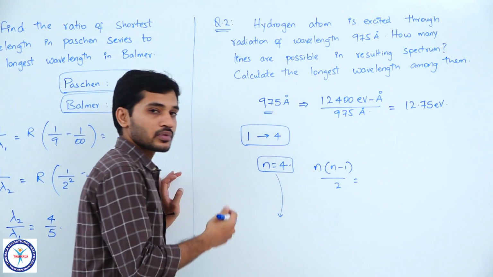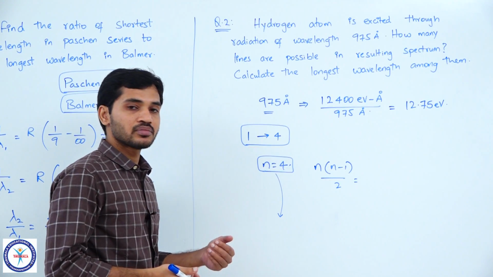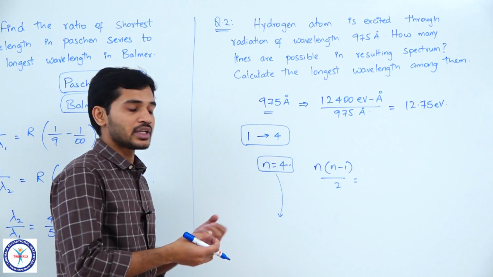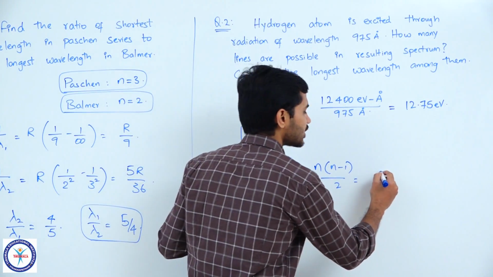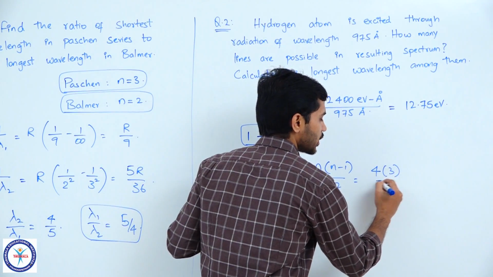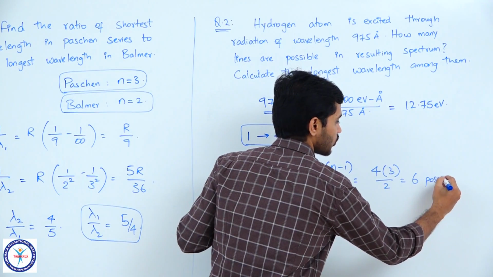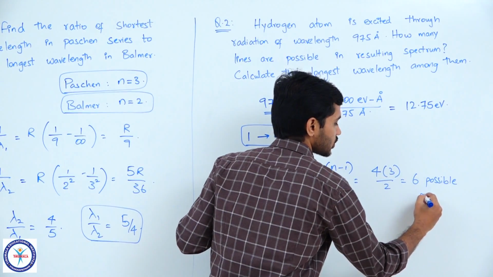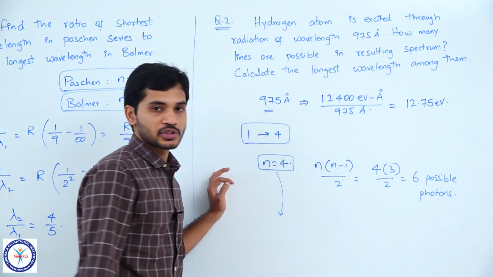These are the total number of ways in which an electron in the fourth state can come to the ground state, and all the intermediate transitions are also included here. So when I calculate this, I get 4 into 3 by 2, which is 6 possible ways, or 6 possible photons will be emitted in the emission spectrum.